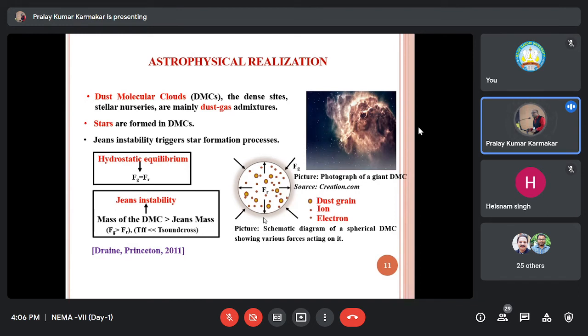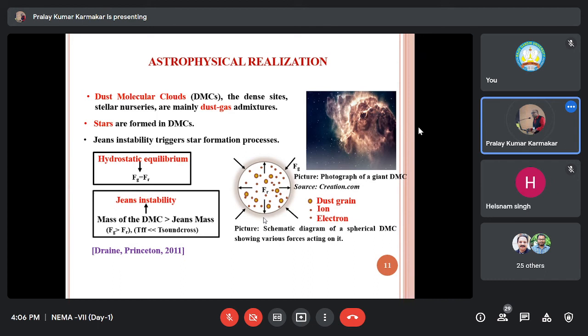Due to gravitational contraction, the temperature rises to such a value that thermonuclear reaction starts, and as a result this core starts shining, what we term as stellar objects.